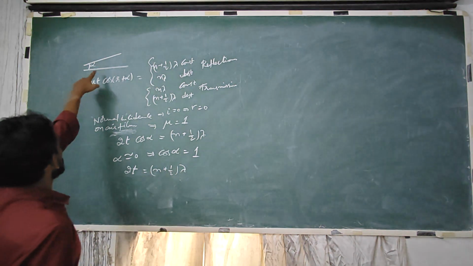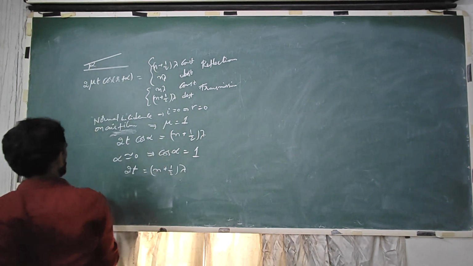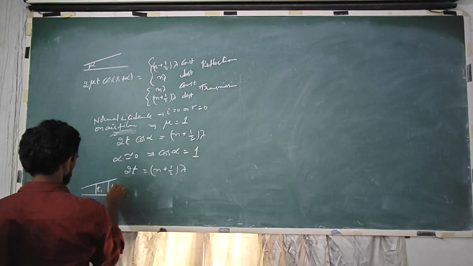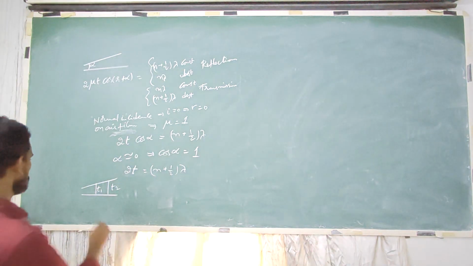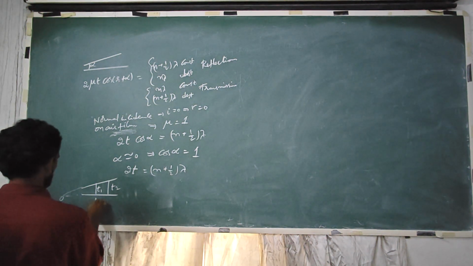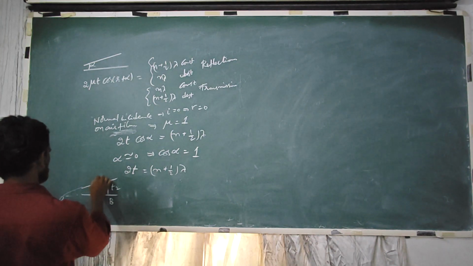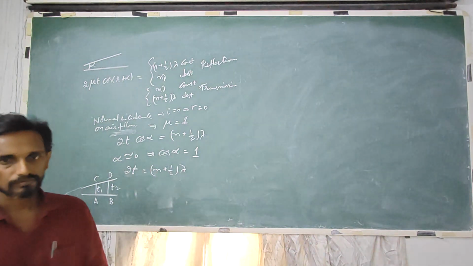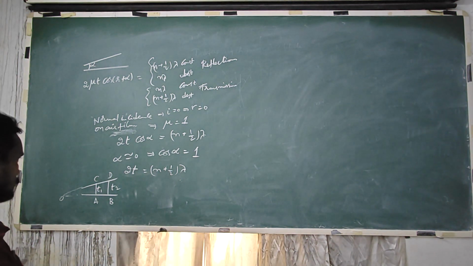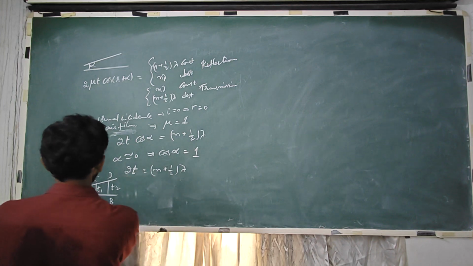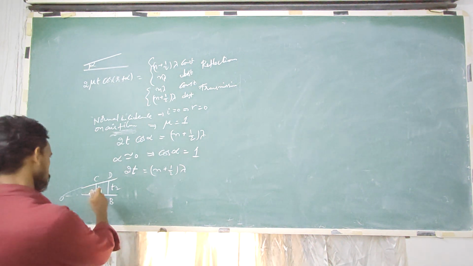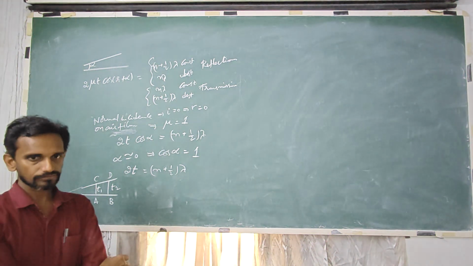Okay, so here the t value is increasing from point to point. Let's say this is t1 and this is t2. And if you extend this further, let's say this is O, A, B, C, D. Let's say these t1, t2 are consecutive fringes, one dark and another bright.